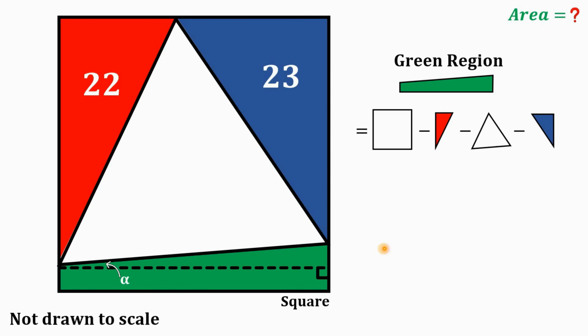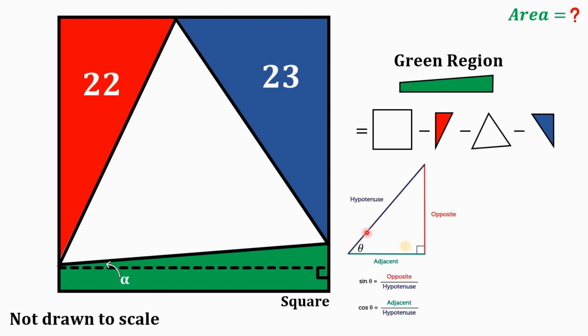Now, we will use this concept of trigonometry. If we have this right triangle and an angle theta, we can say that sine theta equals the opposite side over the hypotenuse, and cosine theta is the adjacent side over the hypotenuse. But if we're given the length of the hypotenuse, we can say that the opposite side simply equals the hypotenuse times sine of theta, and the adjacent is the hypotenuse times the cosine of theta.